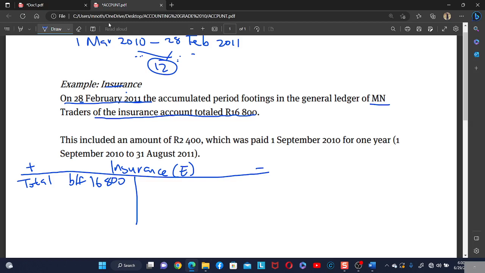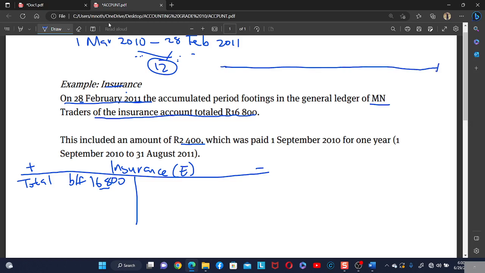Now, what are they saying? This included an amount of 2,400, meaning that in this 16,800, 2,400 is included here, which was paid on 1 September. Let me draw a timeline.